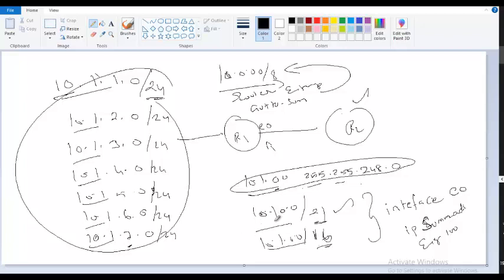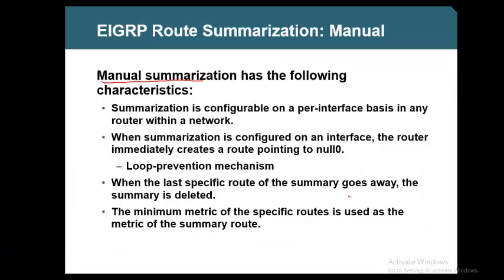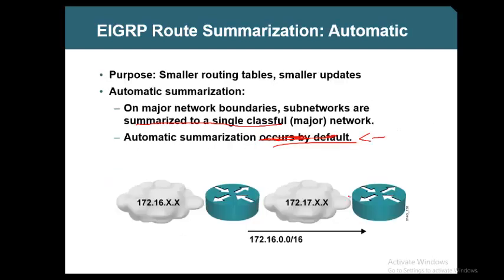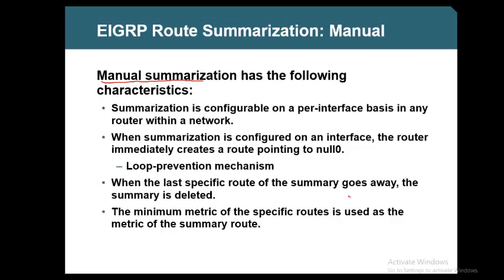When you do that, it will summarize to this one and send. If you check in the routing table of the next router, you will see this. Let us do this and see. First, we'll finish this. But let us read this first, and I'll go and do it. This I'll do and show you, and then I'll do this and show you.